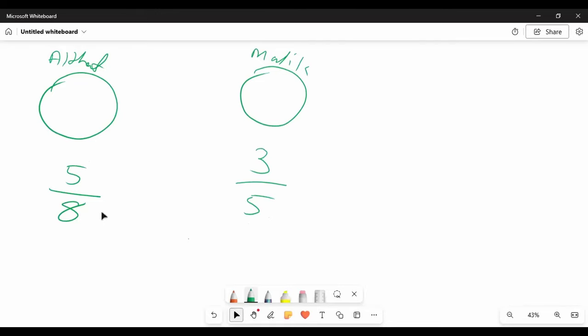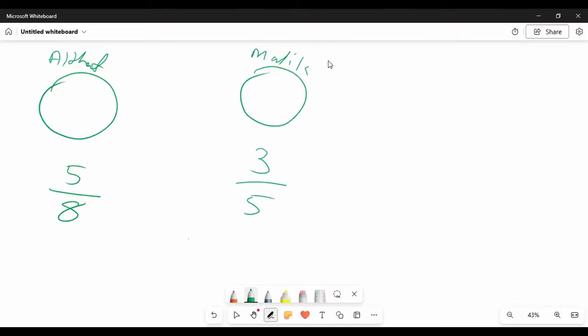So instead of using the LCM term, I'll use what we learned. So forget about LCM for a while. What I'm going to do is figure out an equivalent fraction for this 5/8, and also for this 3 over 5, with the same denominator.